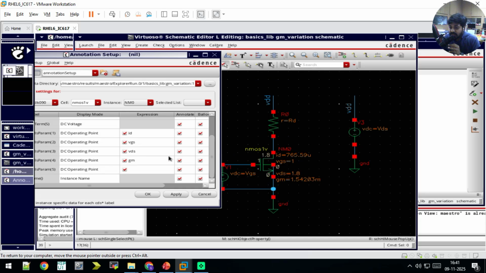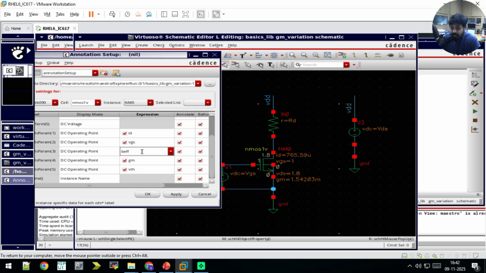VDS is also shown over here, so it's not required. GM is sometimes required, so we'll keep it. And I need the threshold voltage, because I have to calculate the current flowing theoretically across the transistor, so VTH is required. Let me keep VTH over here. And instead of these two, I need the parameter called beta effective.